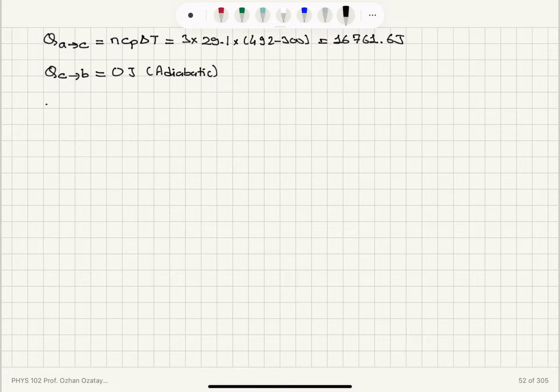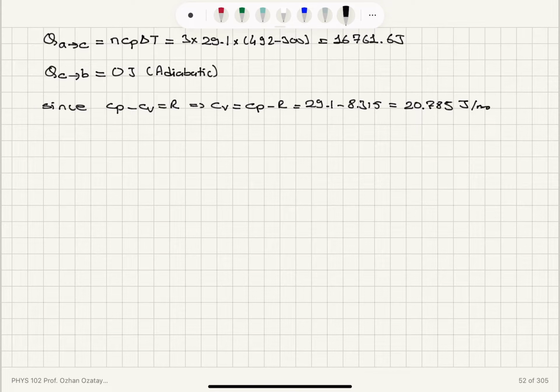At the same time, I know that always Cp minus Cv is equal to the universal gas constant R. So I can calculate Cv as Cp minus R. So it is 29.1 minus 8.315. So Cv value for this gas is 20.785 joules per mole Kelvin.